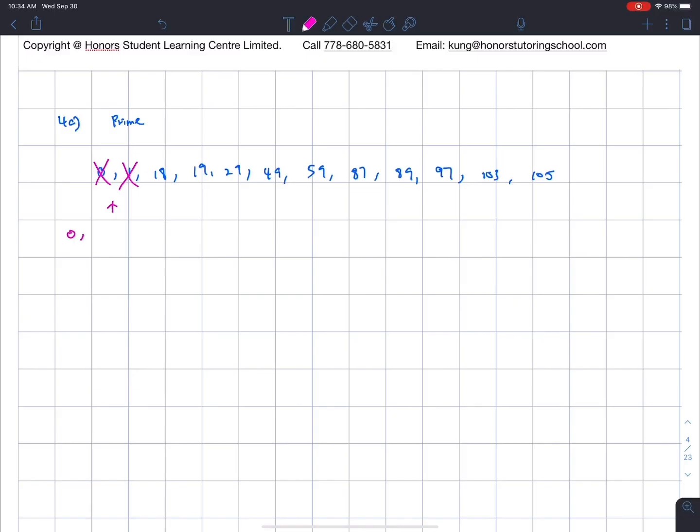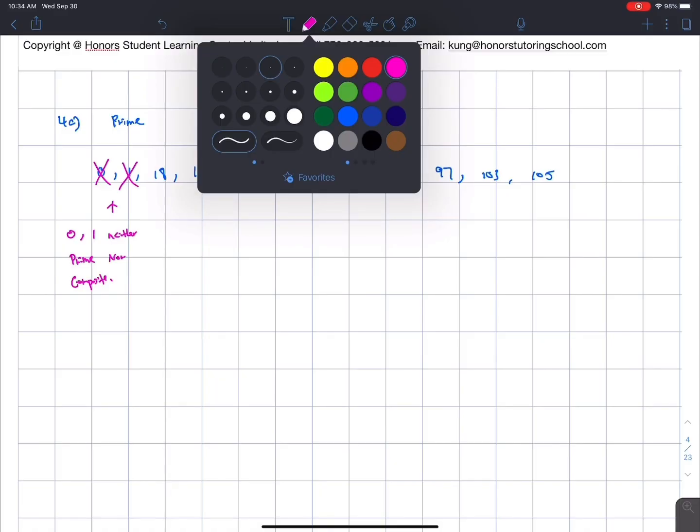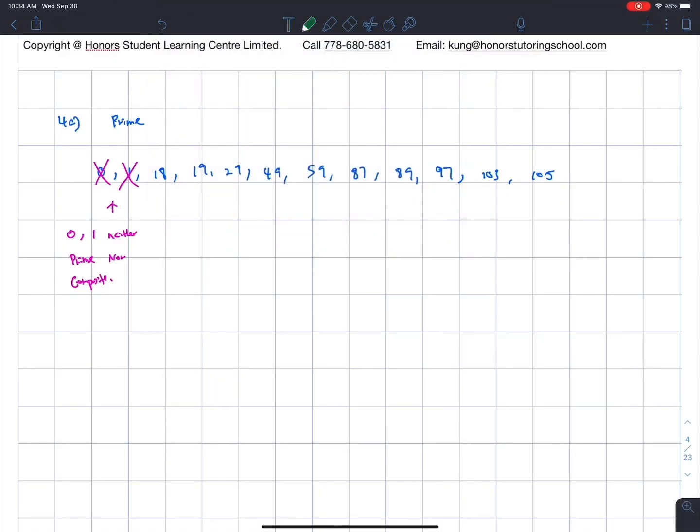Next, I'm going to cross out all the even numbers because they're divisible by 2. So 18. That's the only one, right? Even and divisible by 2.